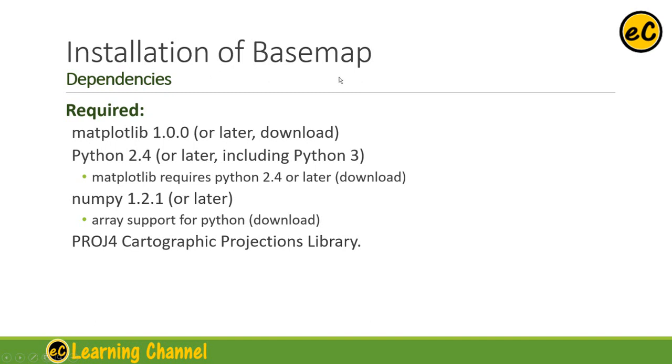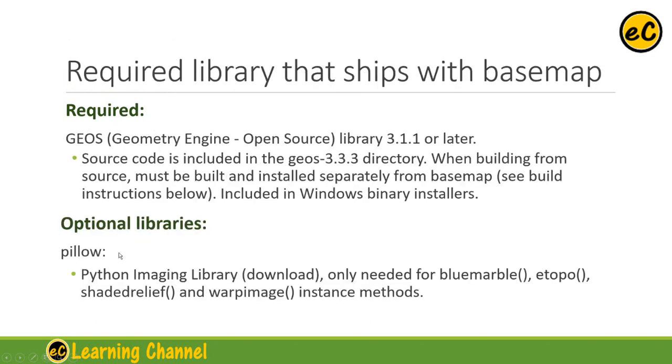And basemap can be obtained from the internet, from a different installer. I already covered matplotlib, Python, and NumPy with the basic Python installer and the numerical package with SciPy, so I'm going to omit it. I'll go directly starting from Proj.4. There are some required packages, but actually GEOS, the geometry engine open source, is included in the Windows binary.